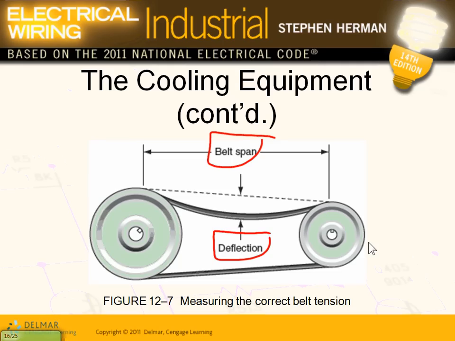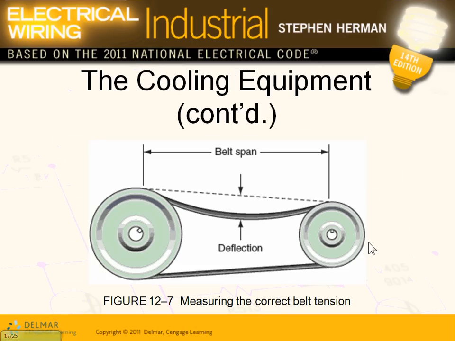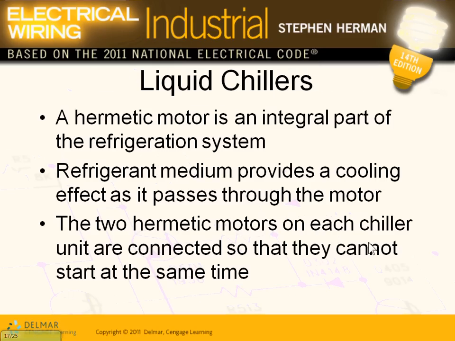So if you're doing maintenance in a building, knowing the mechanical side of the equipment is unreal, because if that V-belt is not sized right, it's going to create a drag on your motor, and it's going to cause the overload protection device to trip prematurely or constantly, because the motor is working harder than it should. So just be aware of that one.